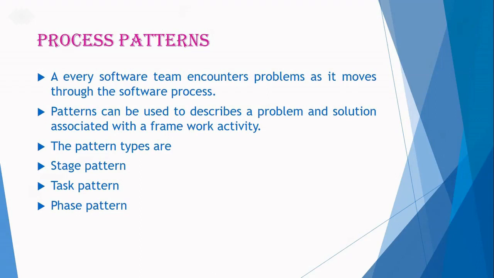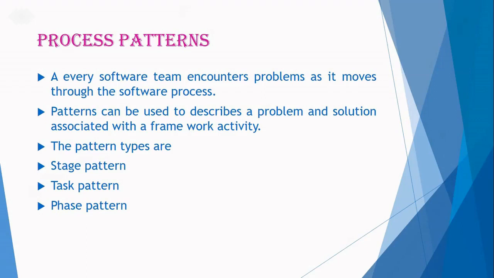Every software team encounters problems as it moves through the software process. Patterns can be used to describe a problem and a solution associated with a framework activity. The pattern types are stage pattern, task pattern, and phase pattern.